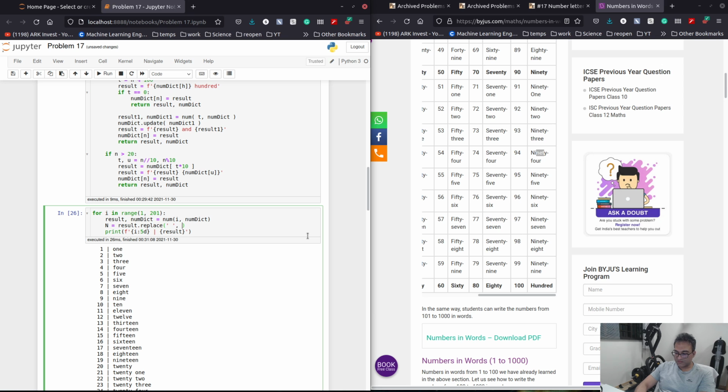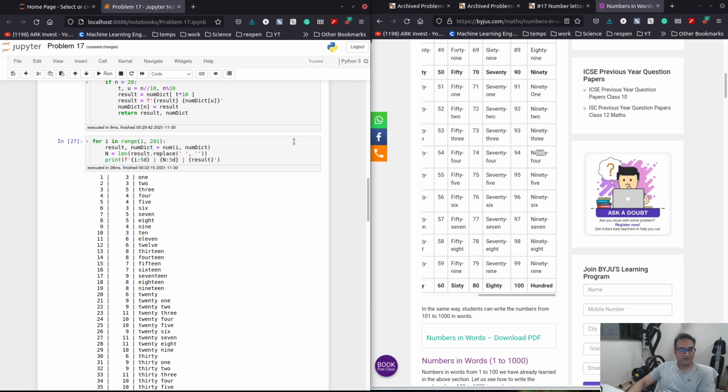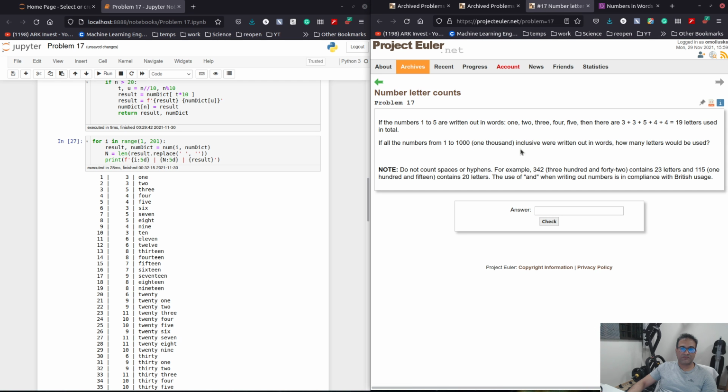Space with nothing, and I need to find the length of this. Length, and I will put the length over here, and okay. So 33544, 33544, okay.